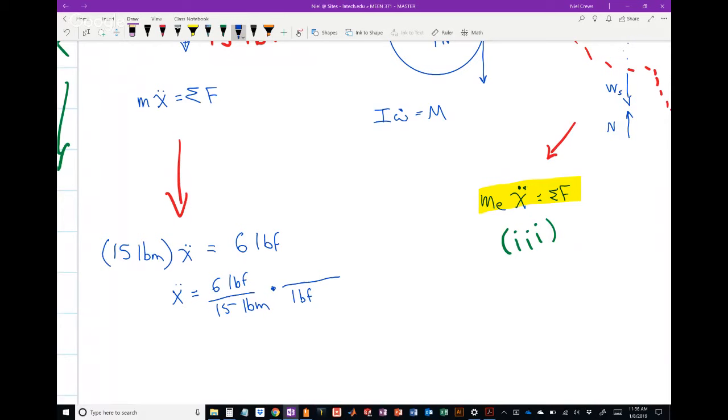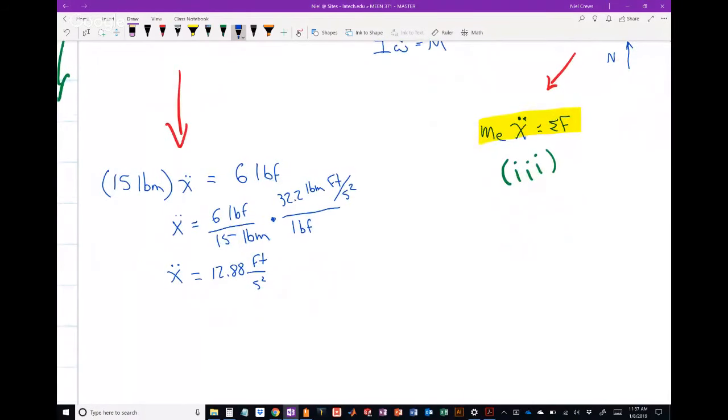So 1 pound force is going to be 32.2 pound mass feet per second squared, which tells us then that our x double dot is going to be 12.88 feet per second squared. That is going to be our vertical acceleration of that mass.